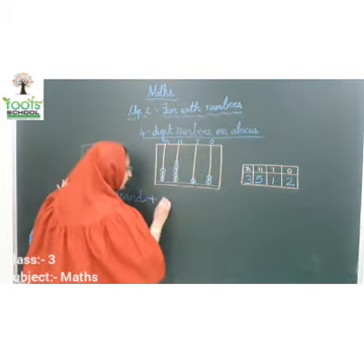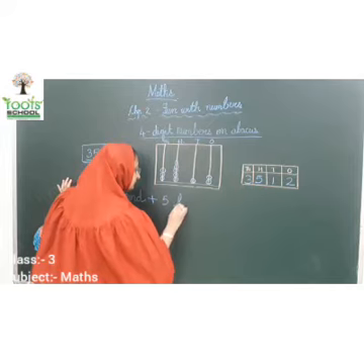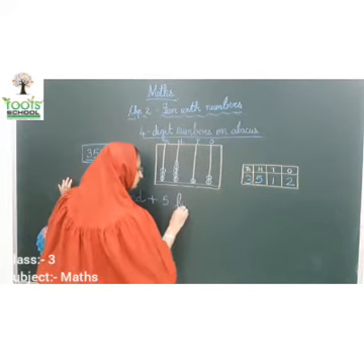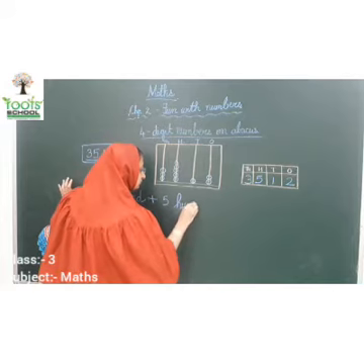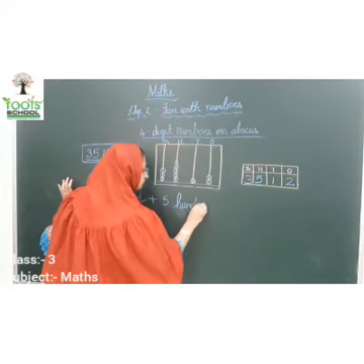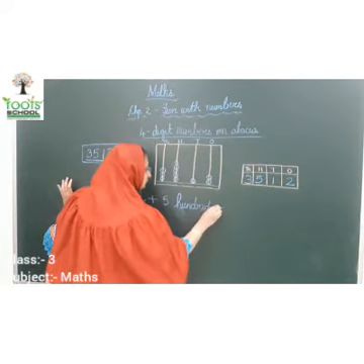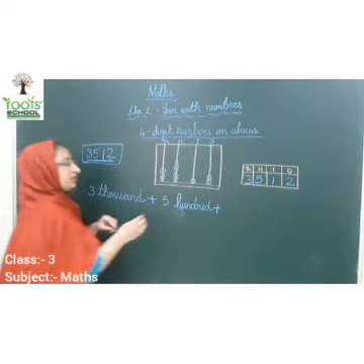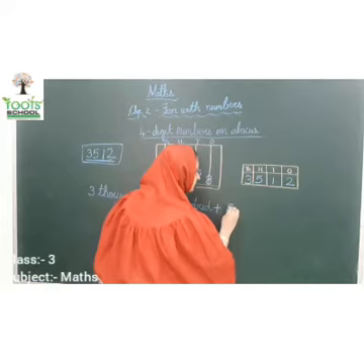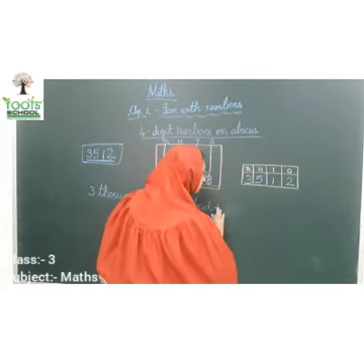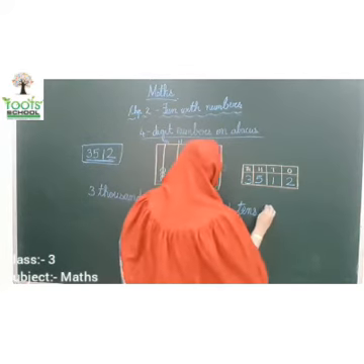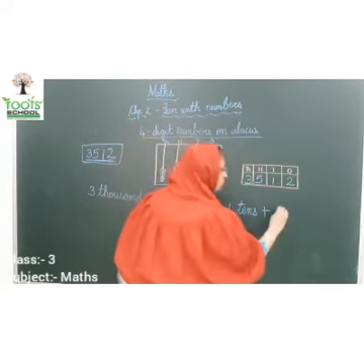So you are going to write 500 plus, which is the number at the place of tens? 1. 1 tens plus 2 ones.